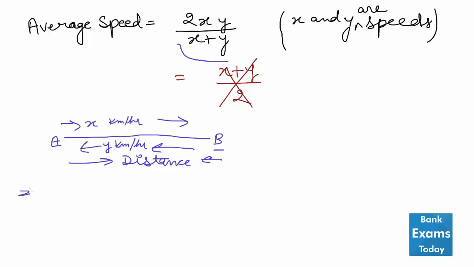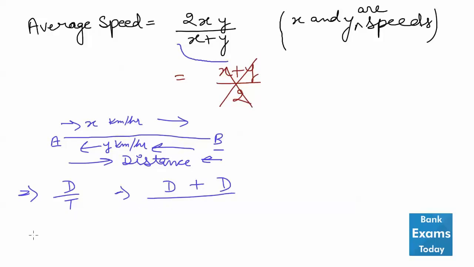So the formula to calculate speed is distance over time. So in these cases, what is the distance? Distance is same from A to B and B to A, that is D. So D plus D. So he covers this distance twice, once when he goes from A to B, and secondly when he comes from B to A. So the distance is D plus D. And what is the time taken?